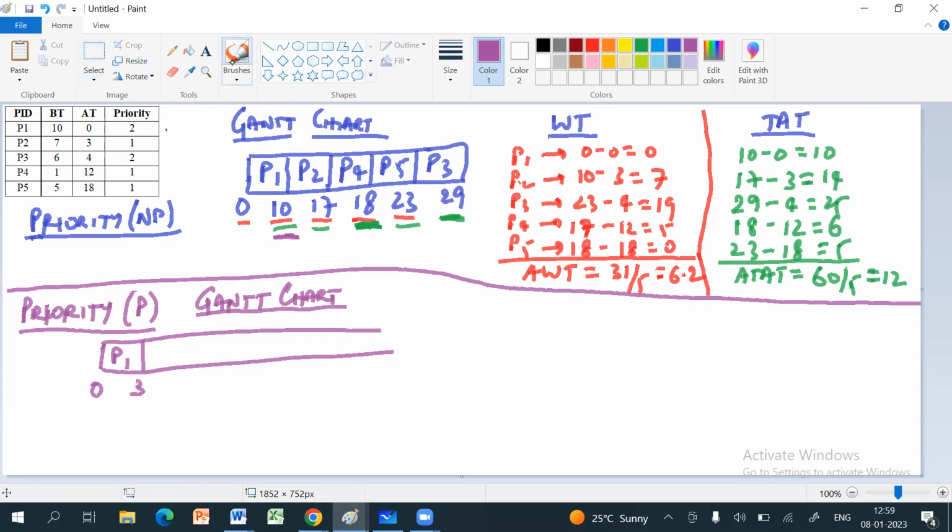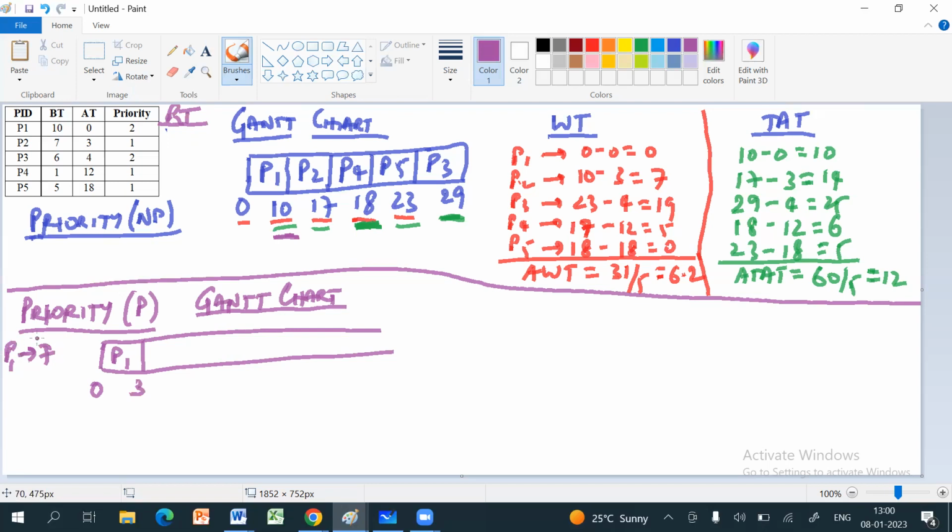Okay, so I will also take into account the remaining time here. I will be taking a note of them. So P1 has completed 3, so the remaining time for P1 is right now 7.